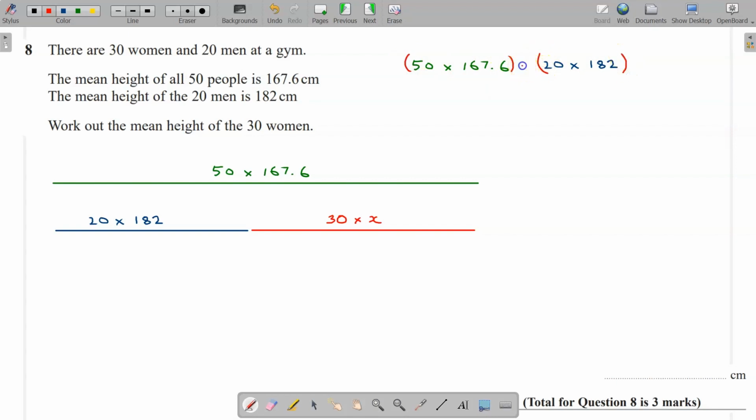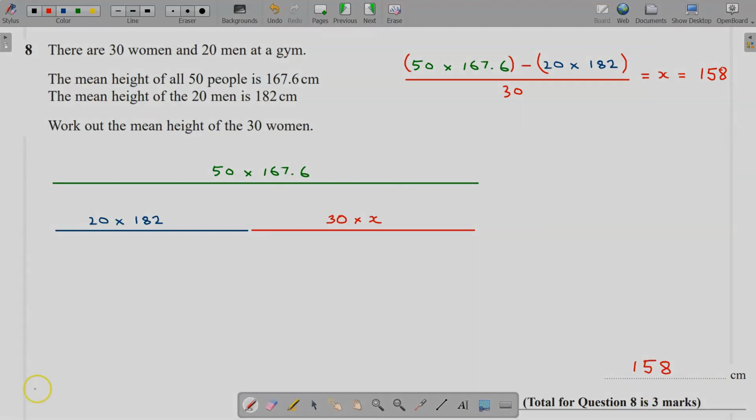And then we're dividing that by 30, and that will give us what x is. I'm just going to put the 30 under there, and that's going to equal x, and when you put it on the calculator, comes to exactly 158 centimeters. So 158 is the answer to the question.